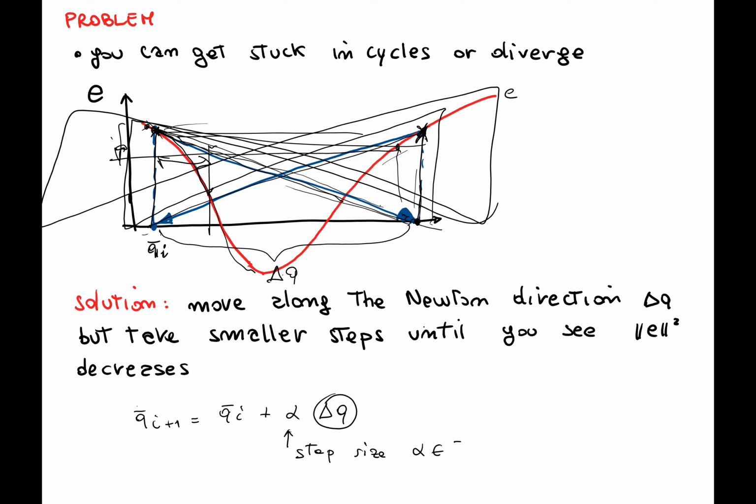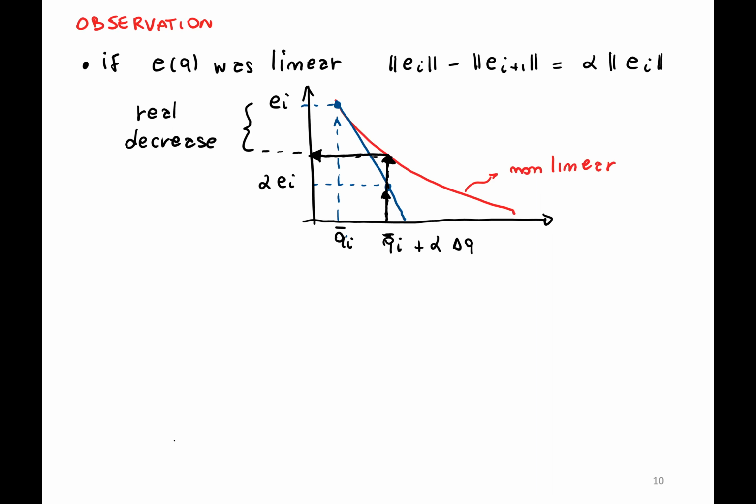And alpha is a number between, of course, 0 and 1. An observation is that if the error function was linear, then we would have a decrease of the error that, if we take a step like alpha, like 0.5, would be an error decrease by half.